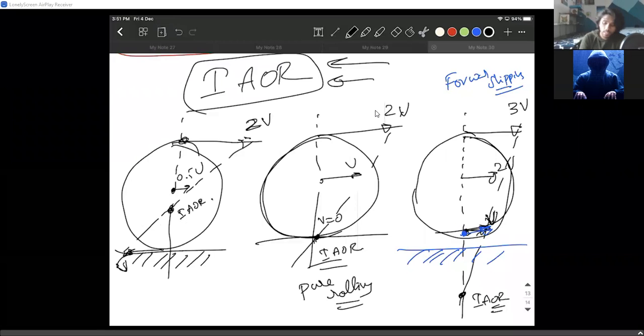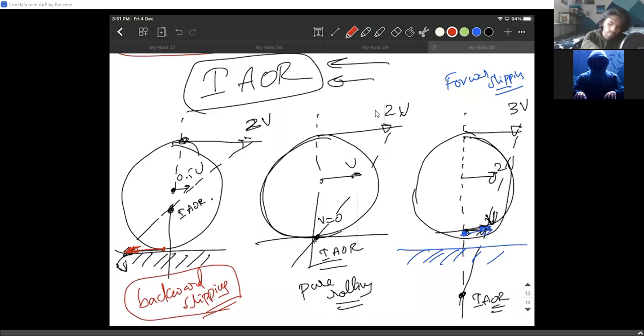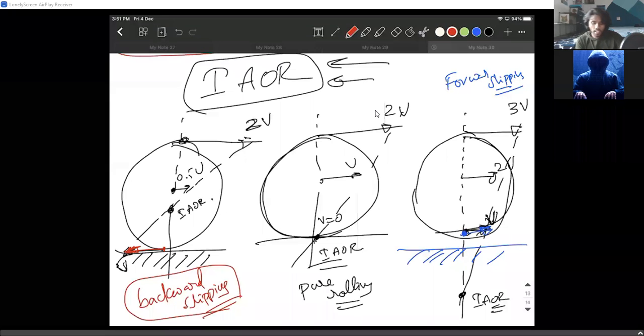Now you can clearly see one more thing, that the bottommost point is sliding backwards compared to the ground. What do you call it? This is called backward slipping. Do you get it? So this is just an introduction to forward slipping and backward slipping.